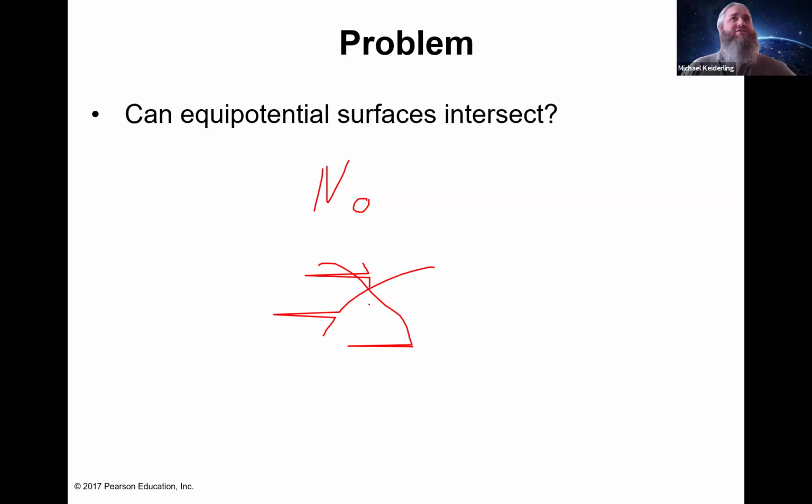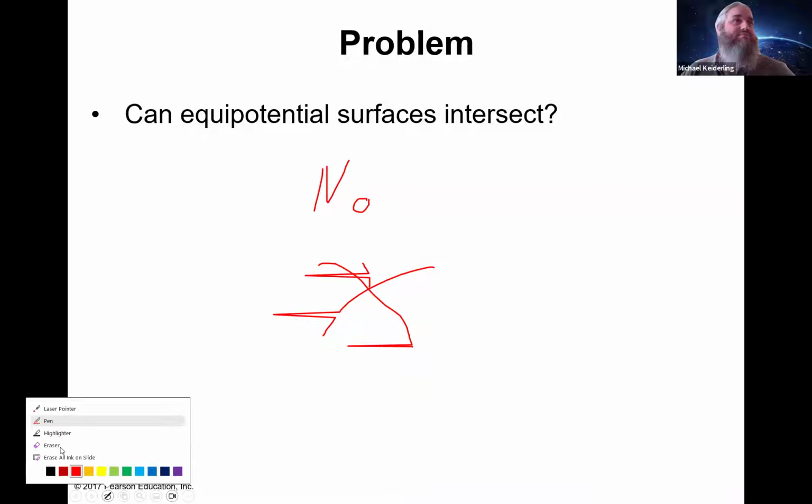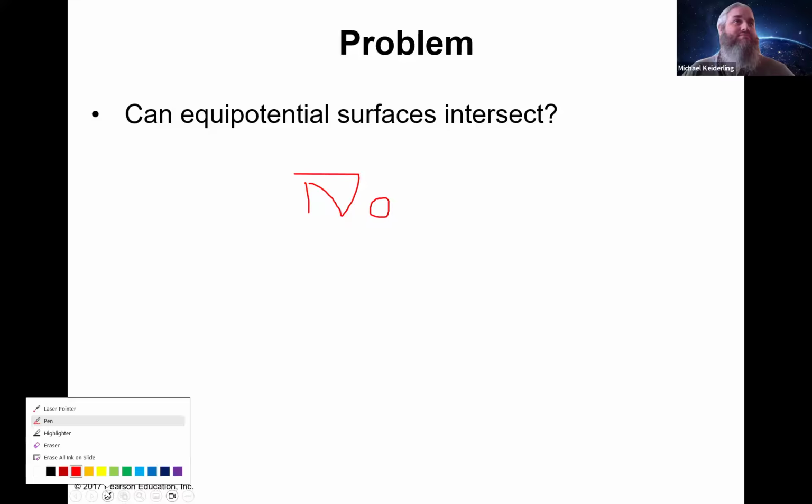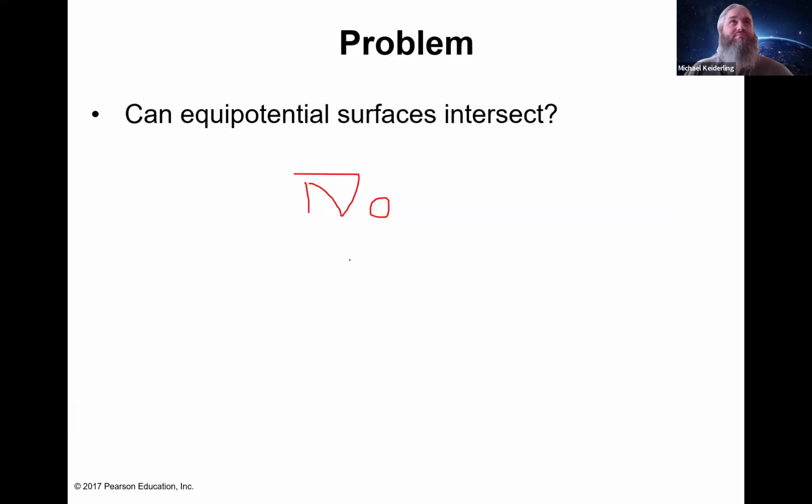So you'd have two different electric fields at the same point, and that doesn't make sense. It is not possible. No.